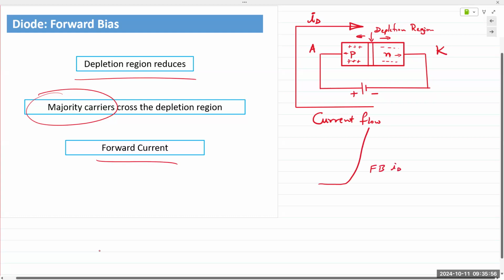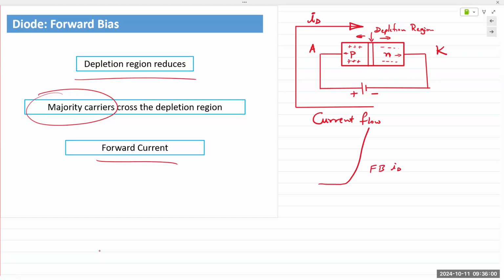By the way, ID and VD, like any other terms, are never positive or negative in real terms. It's only for us humans to be able to analyze a circuit and balance out our equations. So anything that is in forward bias, we refer to as positive. Anything that is in reverse bias, we refer to as negative. If you apply a voltage in the reverse bias, meaning negative to P and positive to N, we assign a minus sign to that quantity.